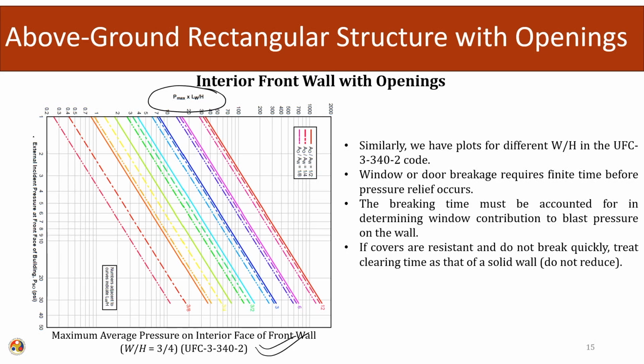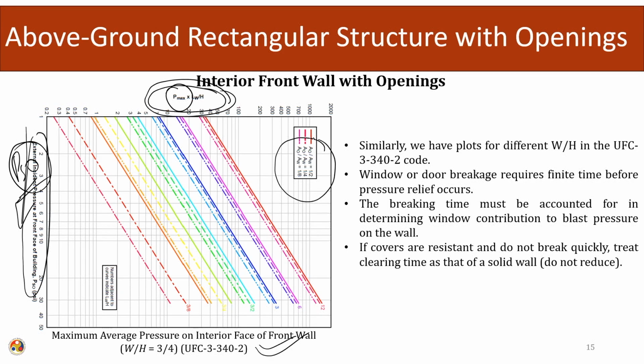This curve is the external incident pressure at the front face of the building. Here we are representing the Pso, and P max is expressed in terms of Pso, and different area openings are considered. A naught is the area opening that we are considering.